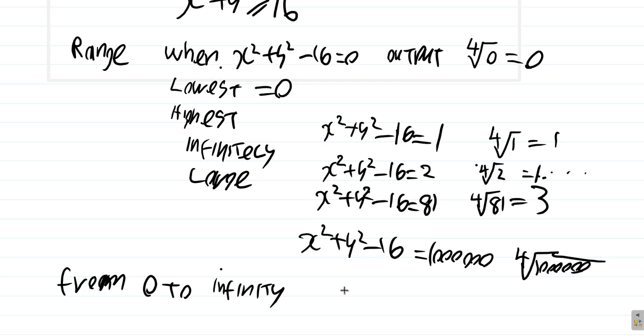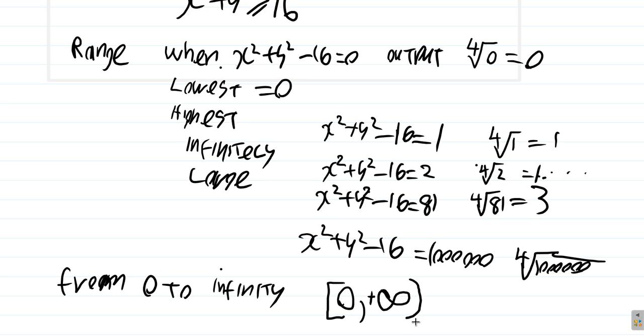What you can do, using what they call interval notation, in answering this is to have your square bracket here at 0, which means it starts at 0, and it goes to positive infinity, with a round bracket.